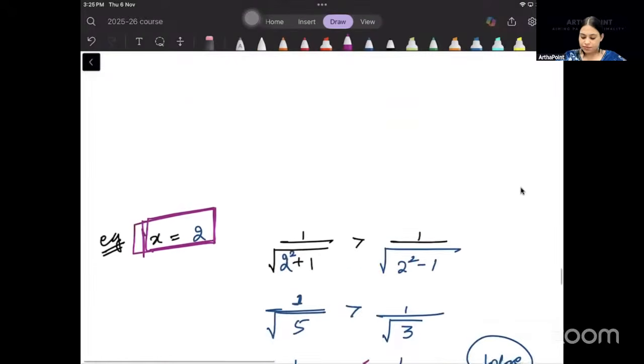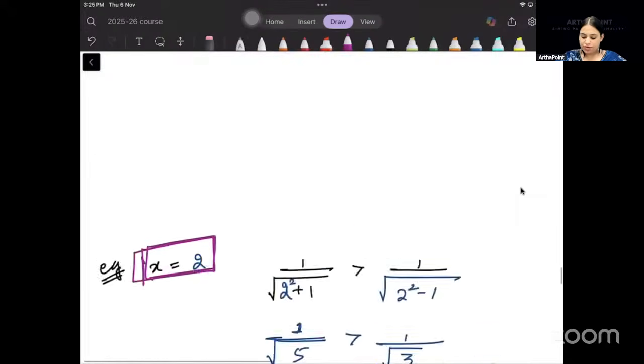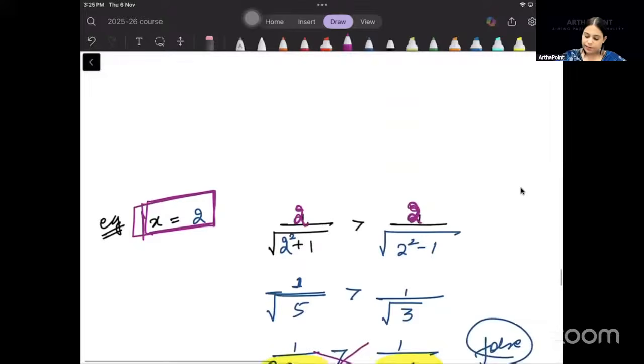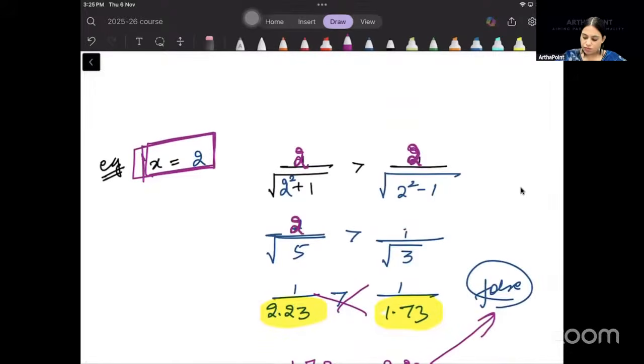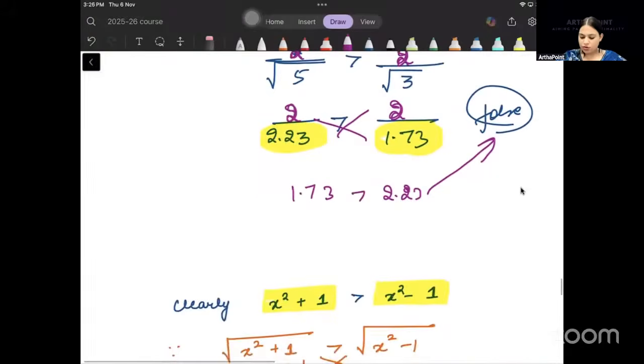Right? Here x was 2, beta. यहाँ पे भी तो 2 होता ना. ठीक है. You would have got the same thing only, a false statement, but x was 2.